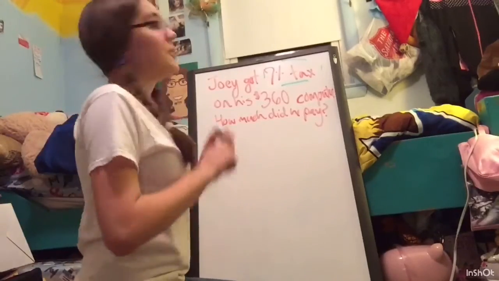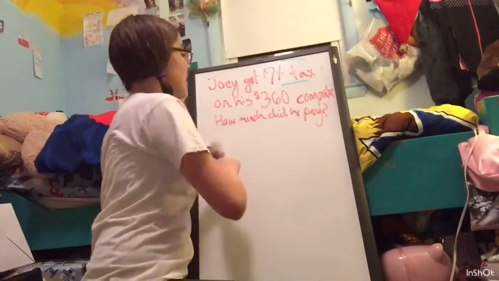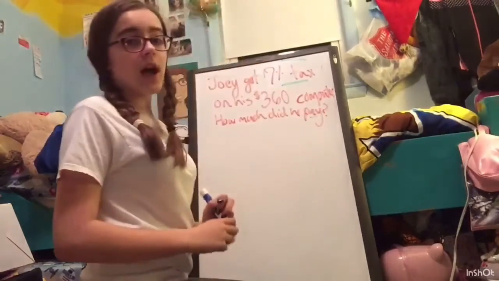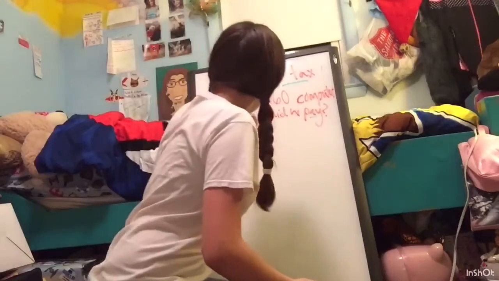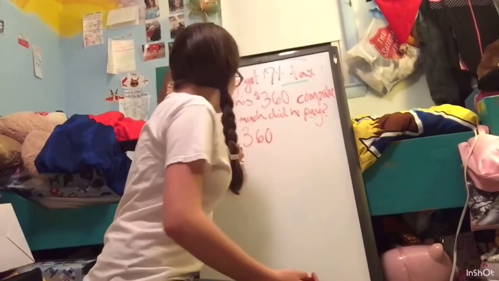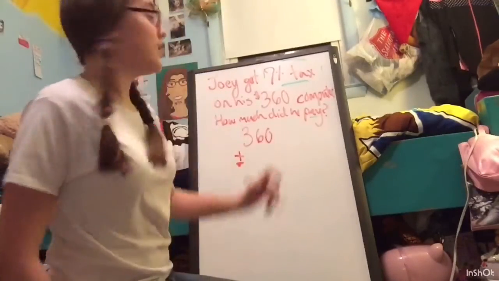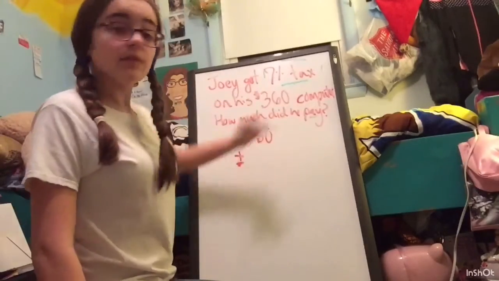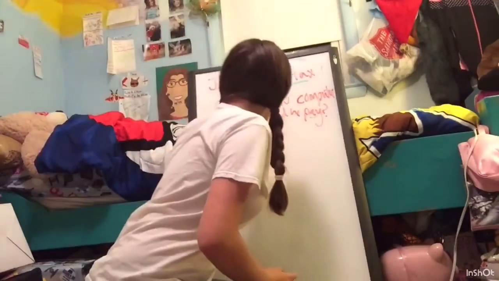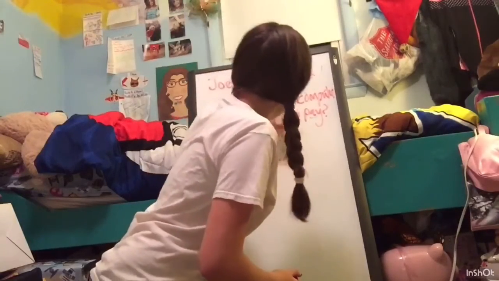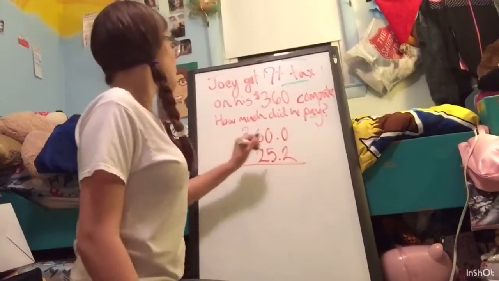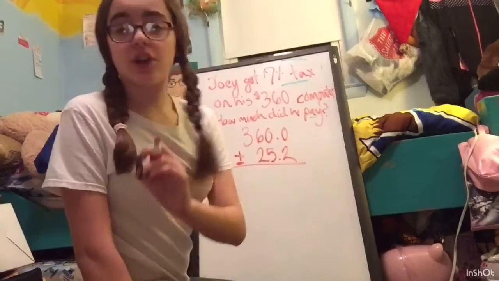So now, because it asks how much did he pay and not how much tax does he owe, we do 360 plus, not subtraction, it's tax, not discount, plus 25.2. Now, this is not multiplication, so we need the decimals to be lined up perfectly.